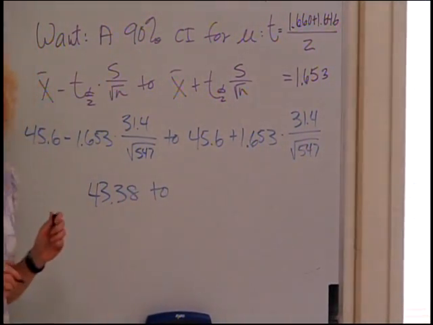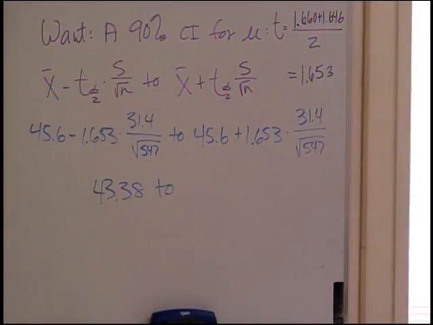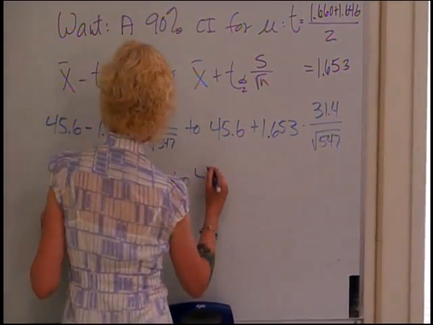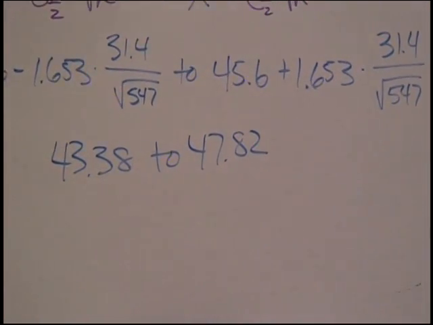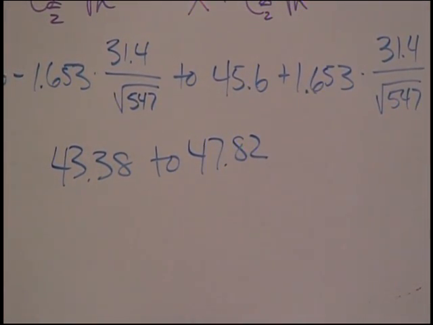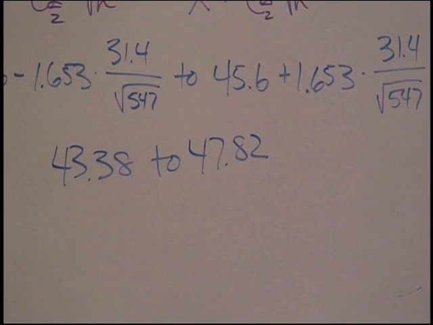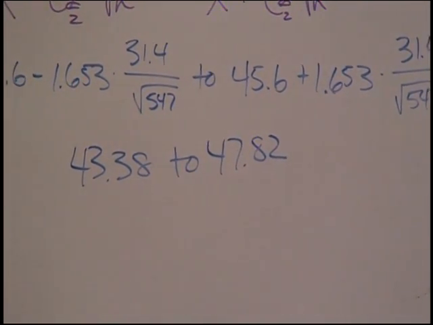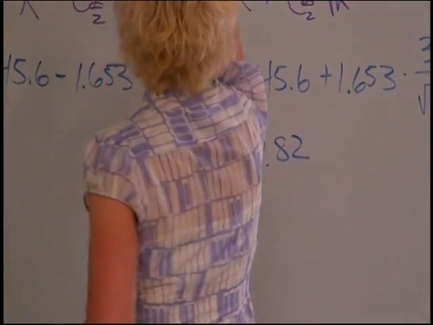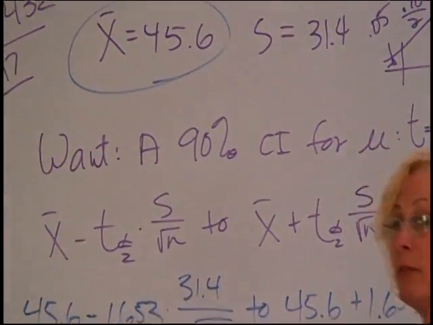What do we get for an upper bound? 47.82. Does that sound good to everybody? So again, the chance that our sample mean is going to be exactly the same as the population mean is slim and none.